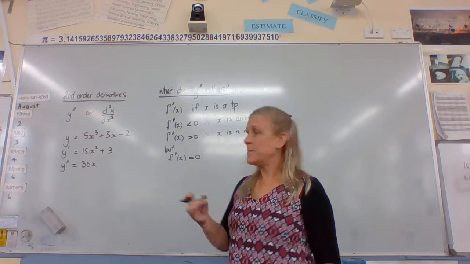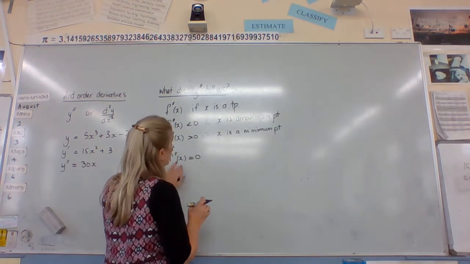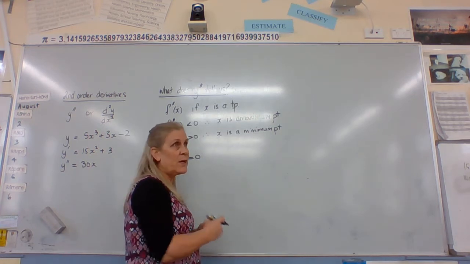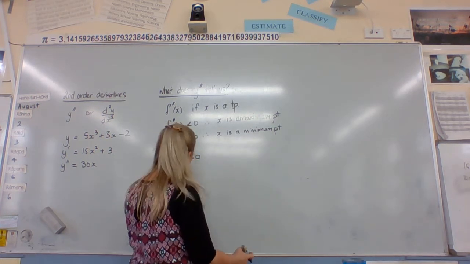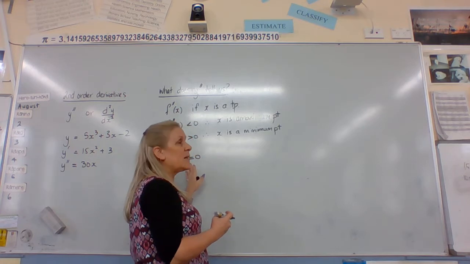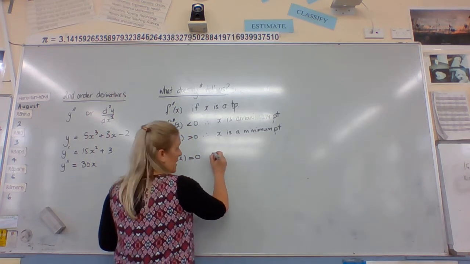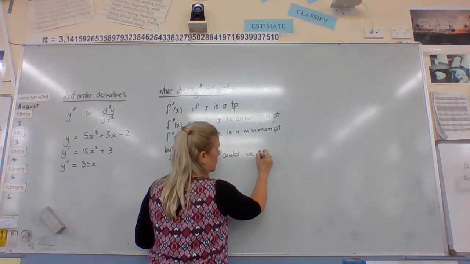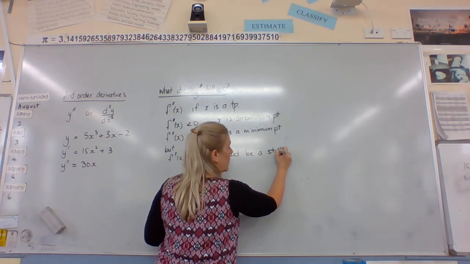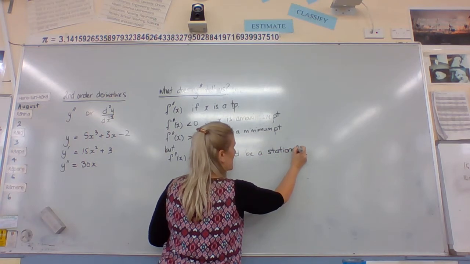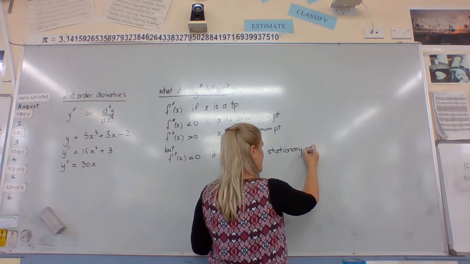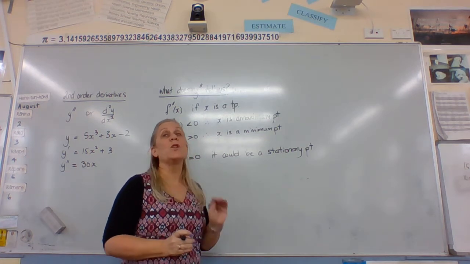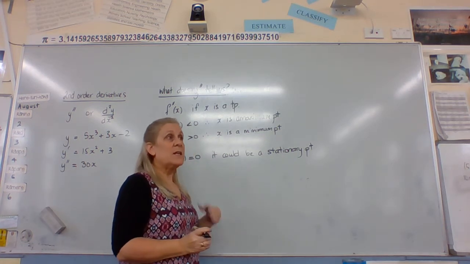It's only when we've already tested to find out that f dash of x is equal to 0 that we can then go to the f double dash of that same x. If it's equal to 0, it could be a stationary point. So that's a point in time where the gradient becomes 0. Unfortunately, though, it's not a rule that it is a stationary point.